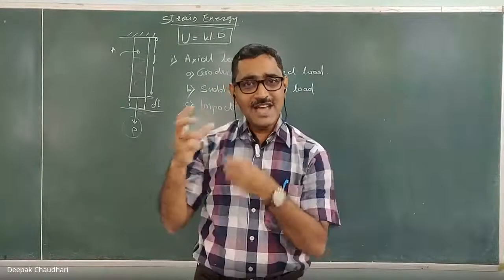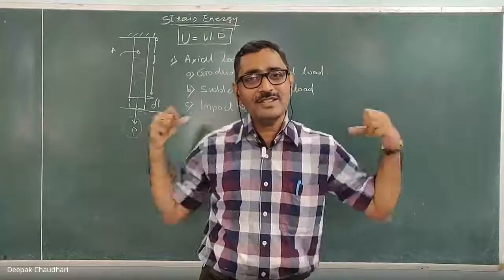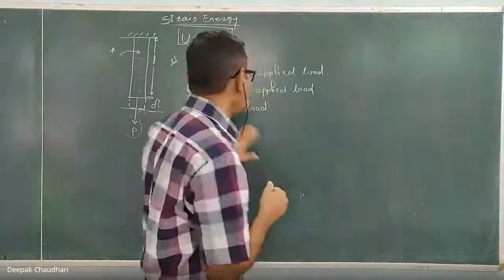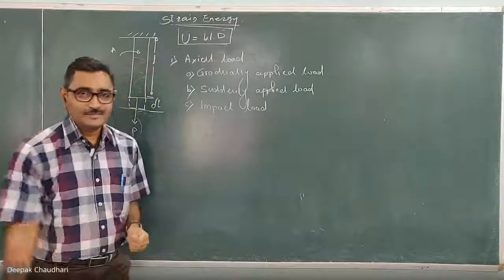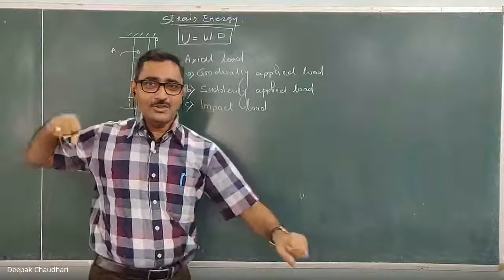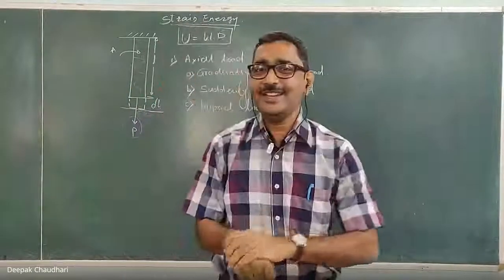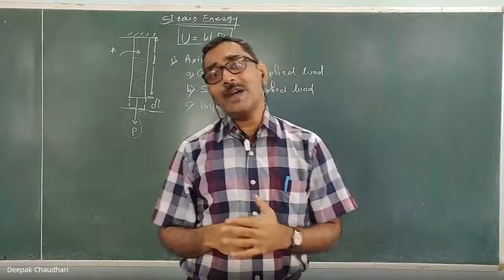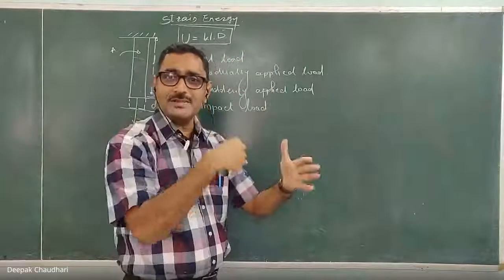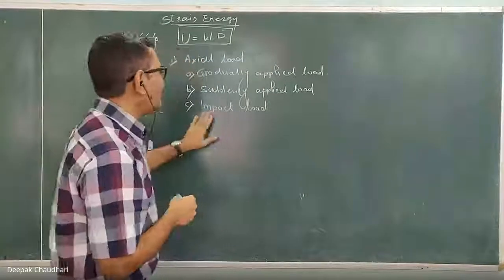Understood? It has some momentum. So when the load is applied with some momentum, it is known as the impact load. When you punch somebody, that is also the impact load, because it has some momentum and velocity.